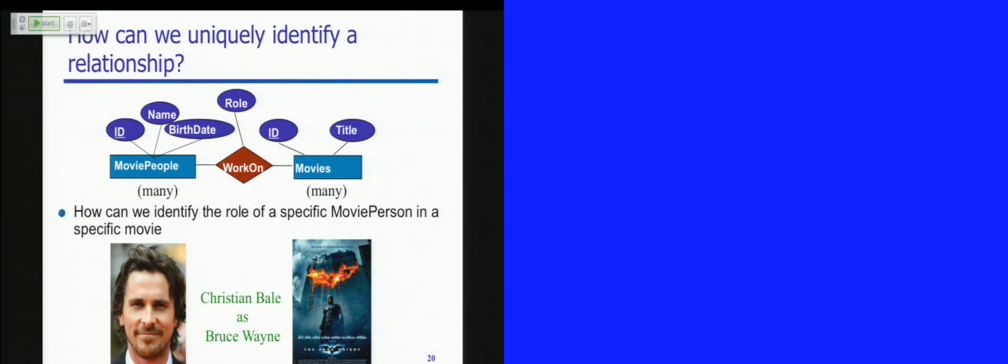Because without the role, we might not be able to find the right key. I'll rephrase that: what is the current limitation if we keep the ID and ID as the key for this relationship? Because it's going to come with a limitation.